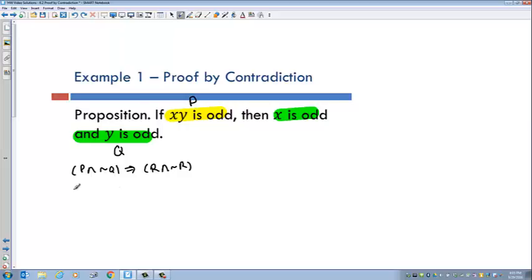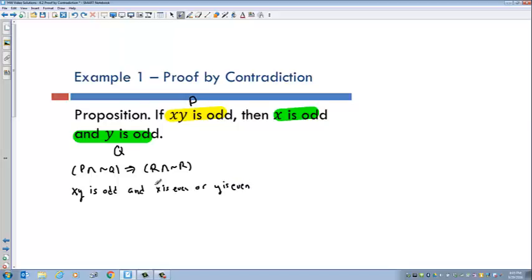So what's P? Let's write this out real quickly. P is that xy is odd. And not Q: Q is x is odd and y is odd, so not Q is x is even or y is even.